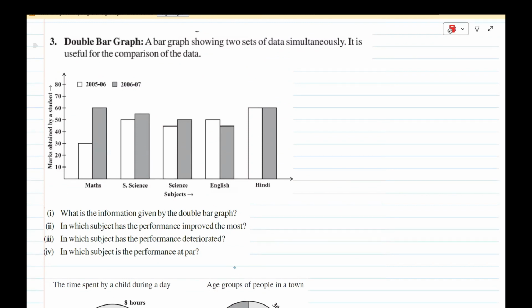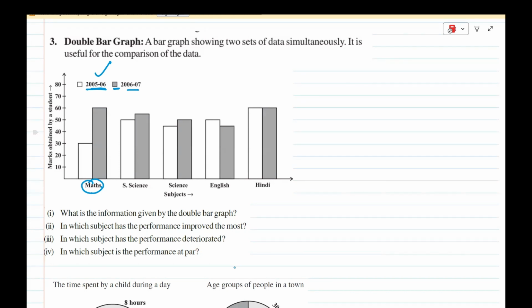Let's move to the next type of graph, that is the double bar graph. What is it? Double bar graph means here I represent two graphs for a particular topic, even though it can be a year, it can be anything, depending on the data. Like this data represents marks obtained by a student in different subjects, that too in the years 2005-2006, means the white graph is for this year and the gray graph is for 2006 and 7.